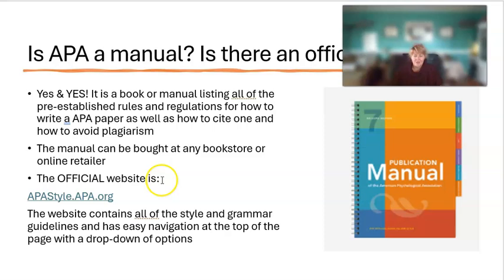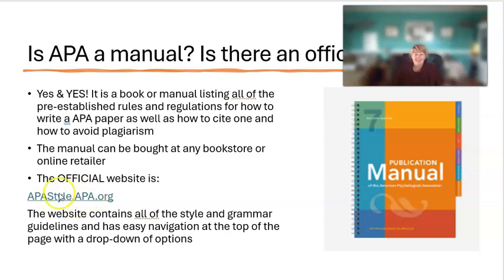So is APA a manual? Is there an official website? Yes and yes. It is a book or manual listing all of the pre-established rules and regulations and how to write an APA paper, as well as how to cite and avoid plagiarism. The manual can be bought at any bookstore or online retailer if you want to, but APA has come out with an official website.